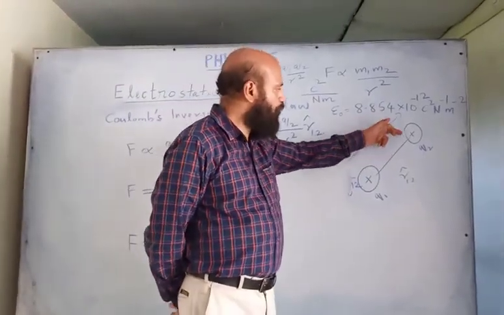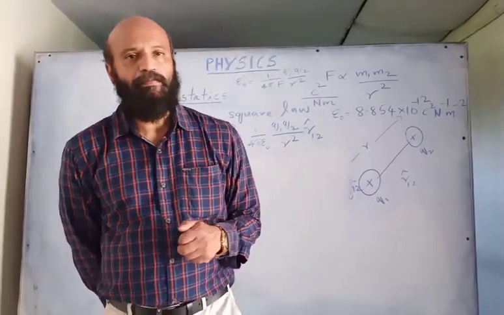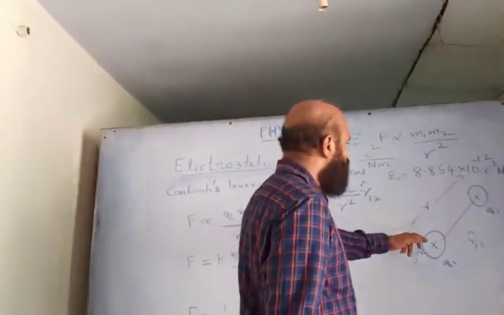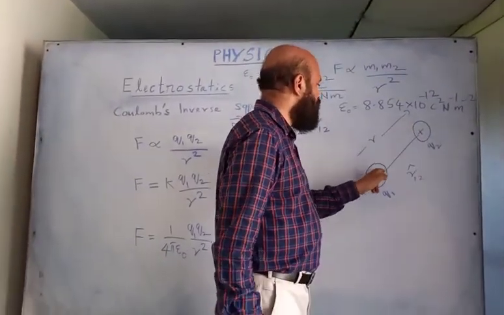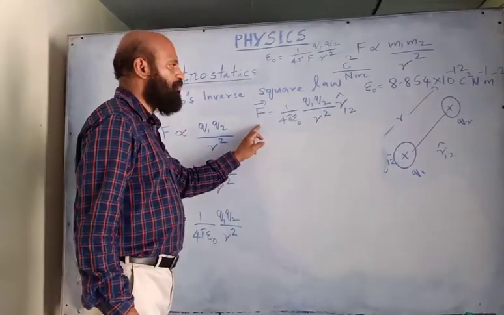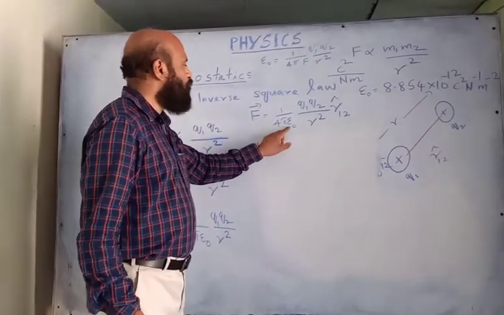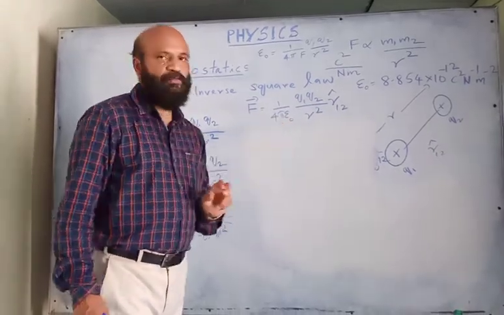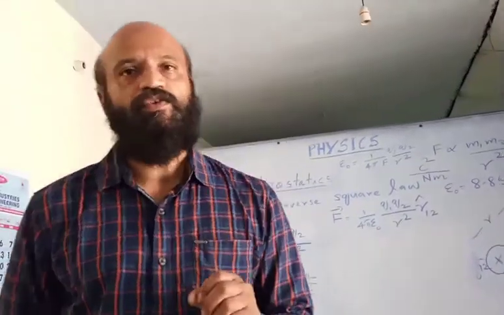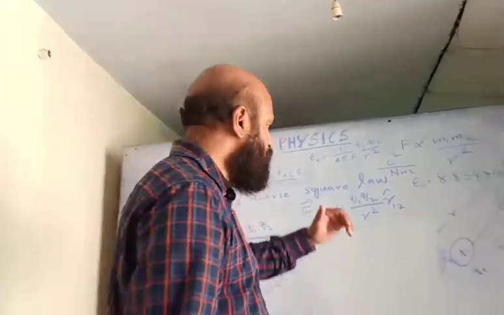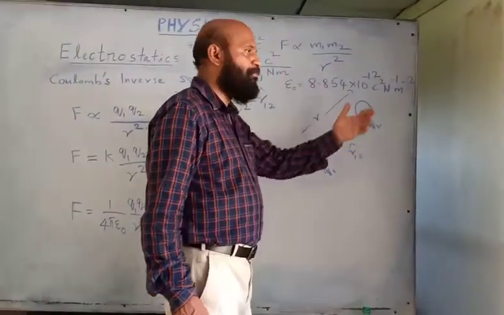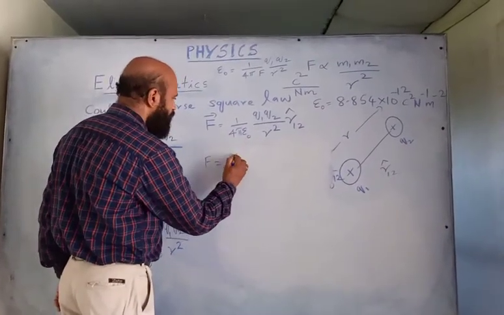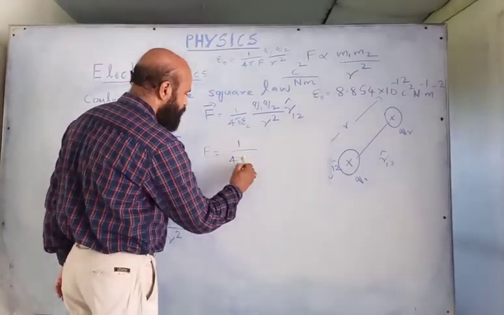Force between two charges depends on the medium where they are kept. When these two charges are kept in air, this is the force, where epsilon 0 is the permittivity of free space. Free space means air or vacuum. Suppose the same charges are kept in some other medium. Instead of epsilon 0, we have to write epsilon.